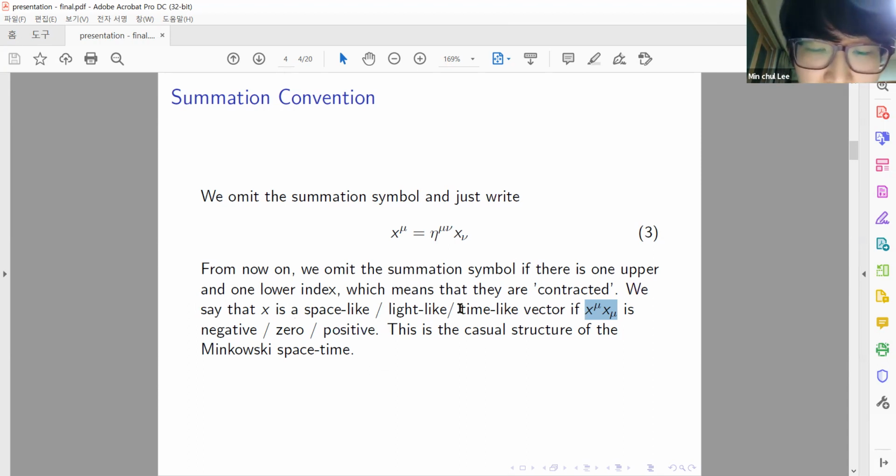And so if two objects are space-like separated, meaning that their separation is a space-like vector, then they are not causally connected, because in special relativity the transmission of information is assumed to be slower than or equal to the speed of light.